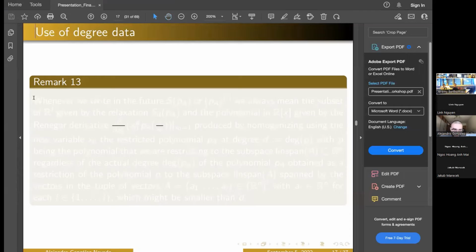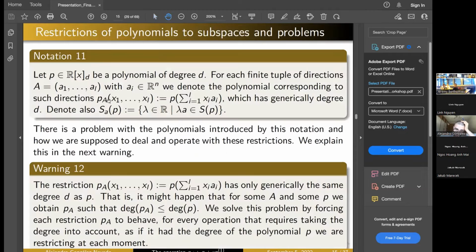This is not helpful. So in the case of the Renegade derivative, you will homogenize the polynomial PA, the restriction. So this polynomial PA, you homogenize it dividing by the new variable x0, and then multiplying by x0 to the power of d.